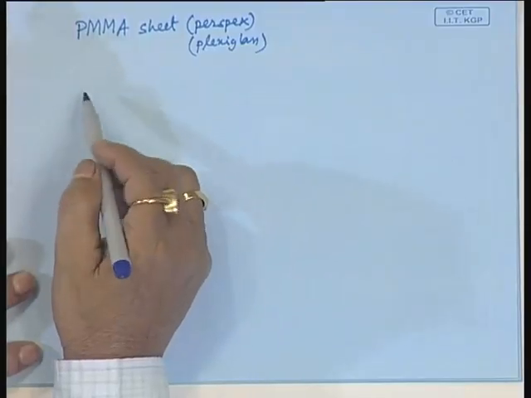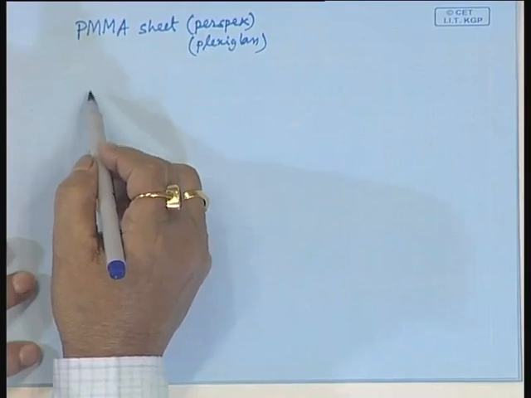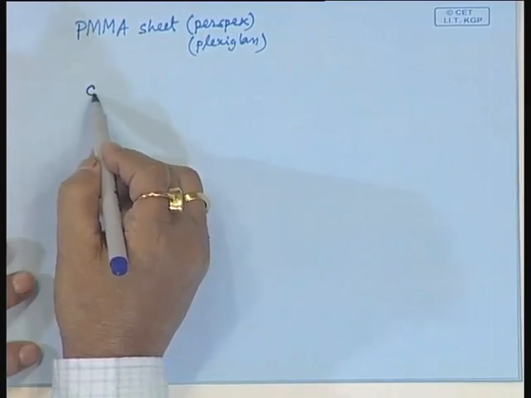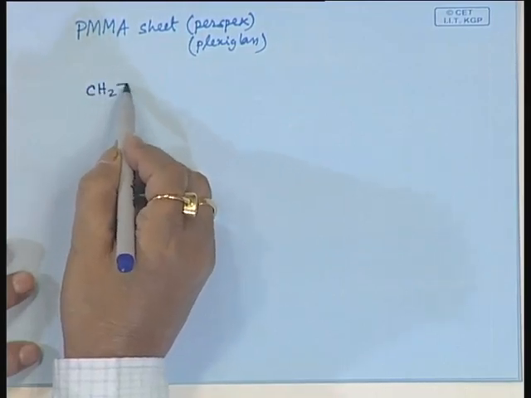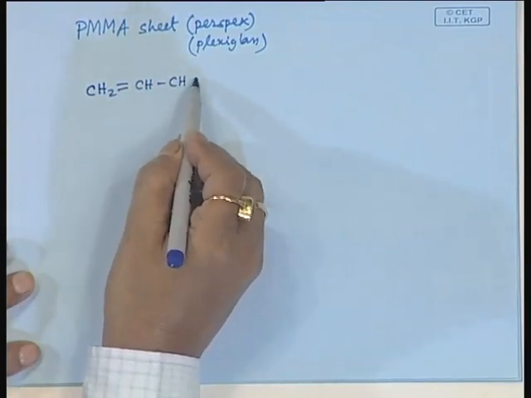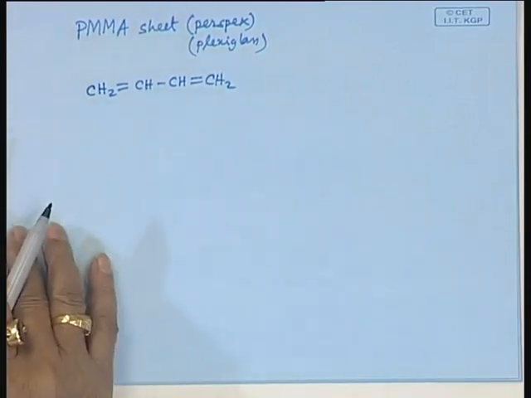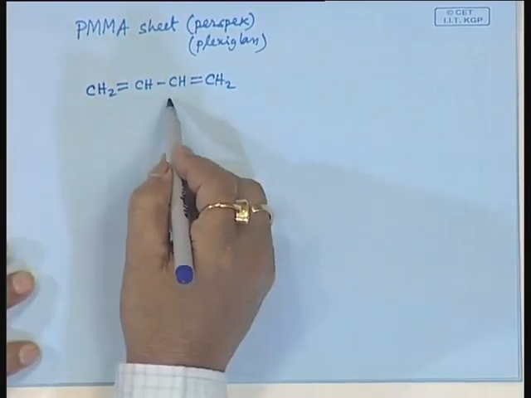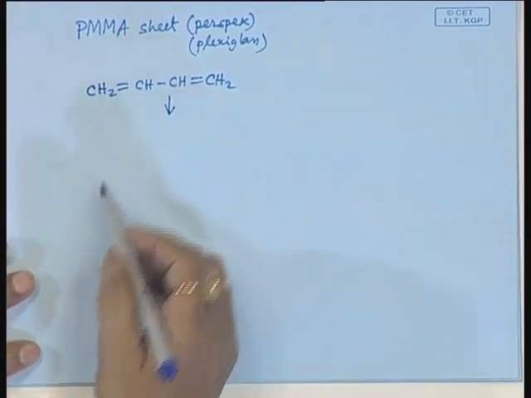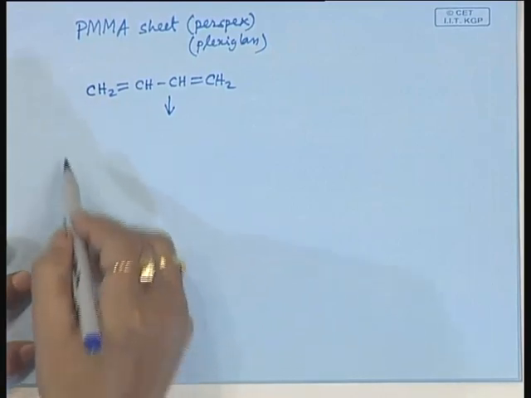I am telling you in one example, say butadiene. It can show various possibilities.